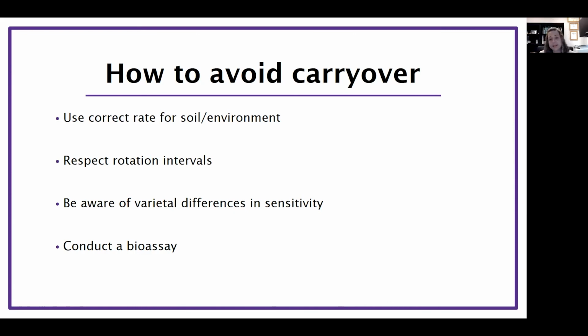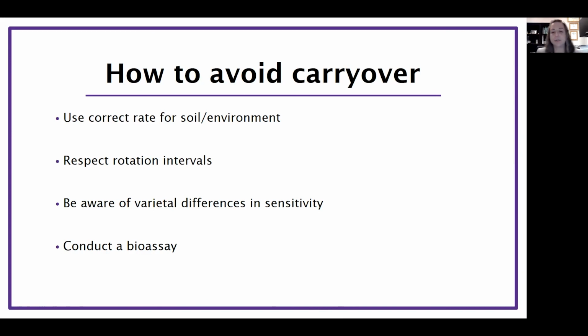Something else to think about is to be aware of varietal differences in sensitivity. So this could be something like being aware of the fact that, for example, Clearfield crops can tolerate residues of sulfonylurea herbicides.